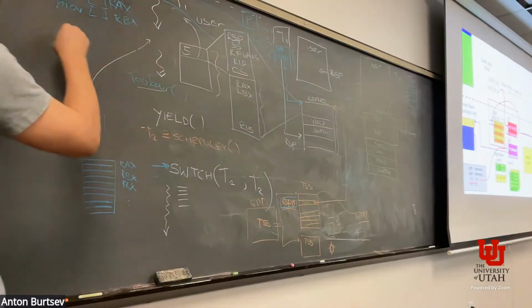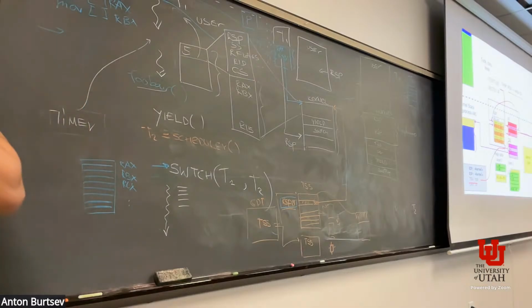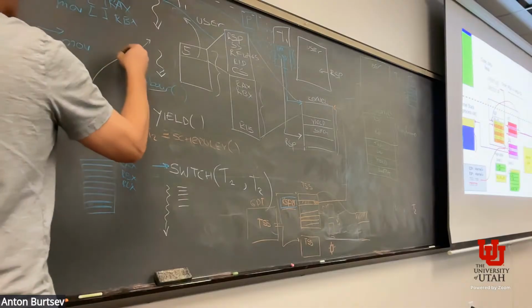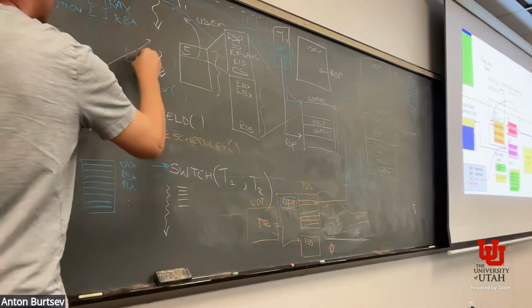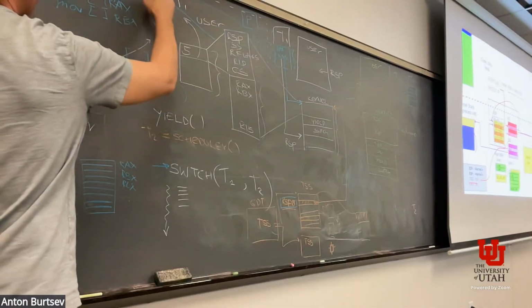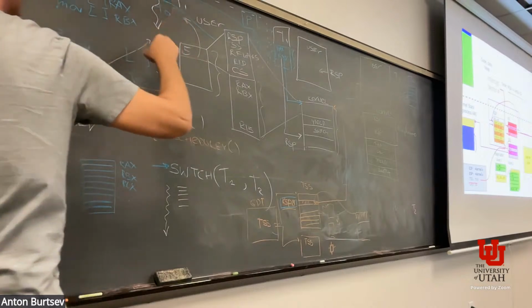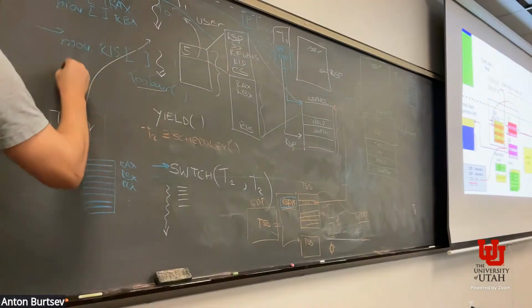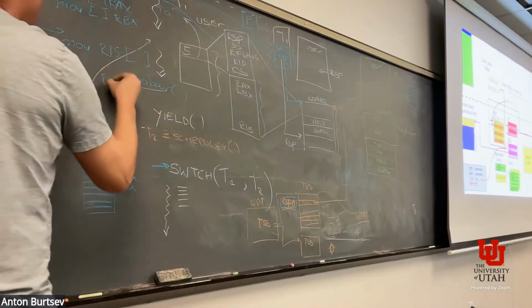And at some point you reach the switch point, and at this point you start restoring from the T2 storage into whatever, R15, and you do all of them and you move into RAX, roughly speaking.